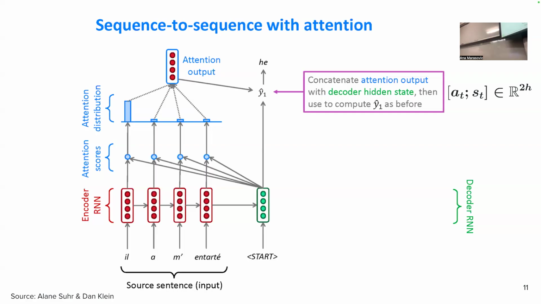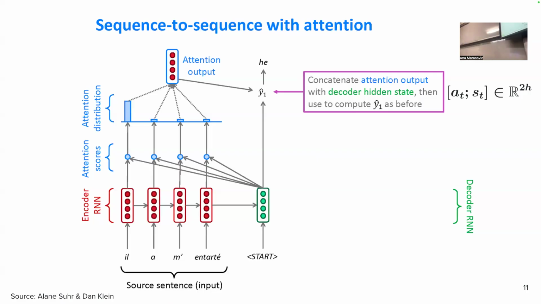At the same time, you know that every decoding step can have some bias towards different source tokens. And this is what you get out of the attention mechanism. So you have almost like a local view of the source sequence. And you use both of these pieces of information by concatenating this vector representation.